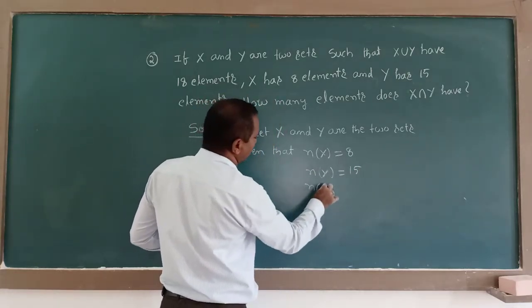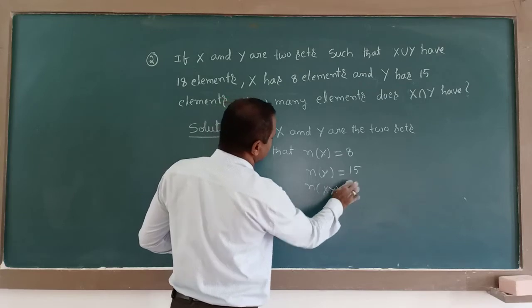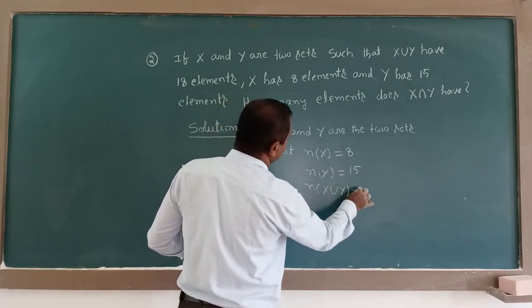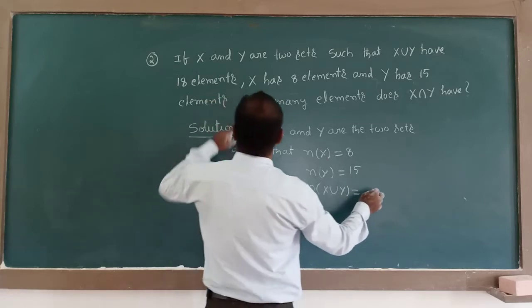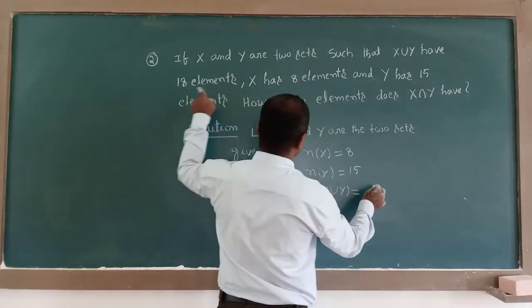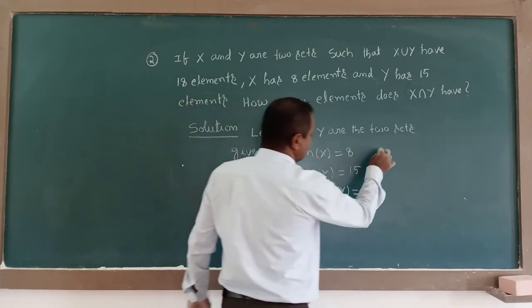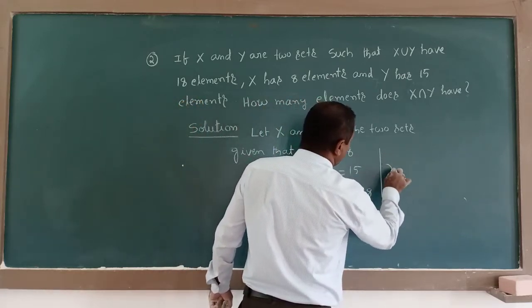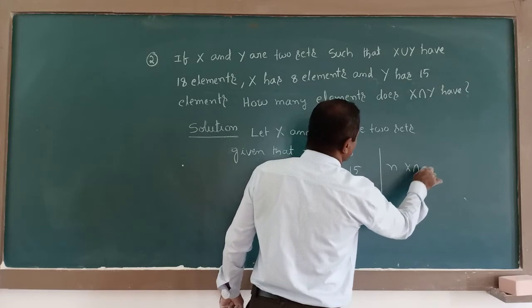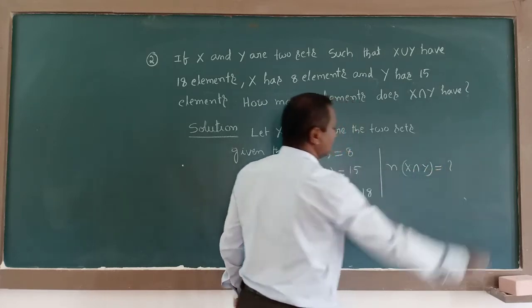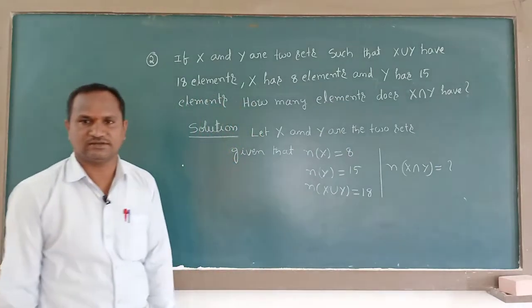And n of x union y is equal to 18 elements. But they're asking the question n of x intersection y is how much? How many elements does the set have? They're asking the question here.